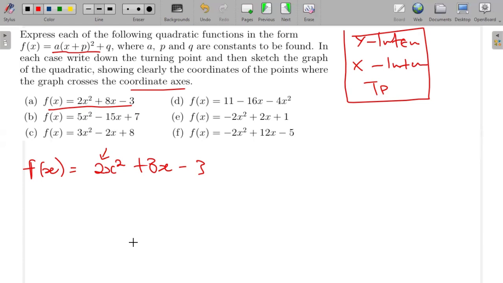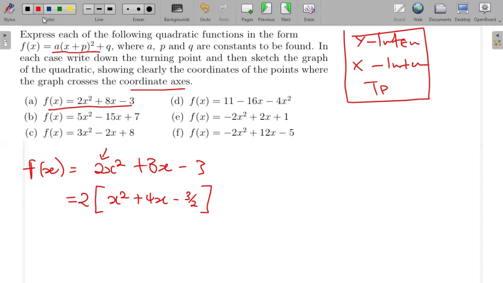So what do we do? We factorize. Here I'm going to factorize the 2 out so that I just remain with a positive x squared. If I factorize a 2 from here, it means I should also factorize it from there and from here. If I factorize a 2 from here, I'm just going to remain with 4x. If I factorize the 2 from here, I'm going to remain with 3 over 2.